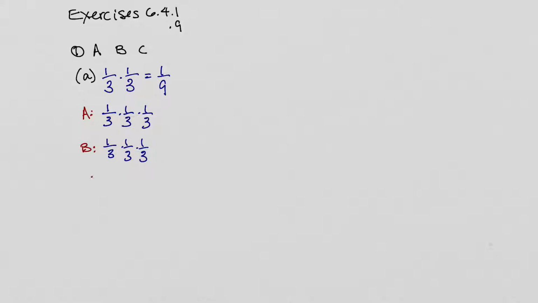Now, they also could choose C. So what's the probability that they all choose C? Well, 1/3, 1/3, 1/3. And then what we'll have is this.